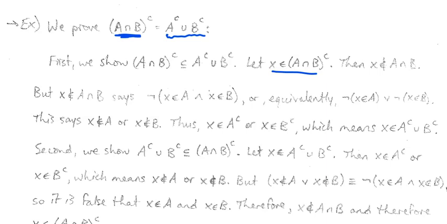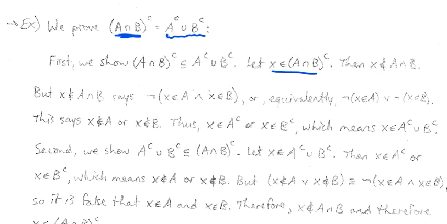Well, by definition, what does it mean for X to be in the complement of some set? By definition, it means that X is not in that set. So saying that X lies in the complement of A intersect B means that X is not in A intersect B. And this is where it gets a little bit odd, and maybe it's not the most obvious thing to see how you would jump to this.